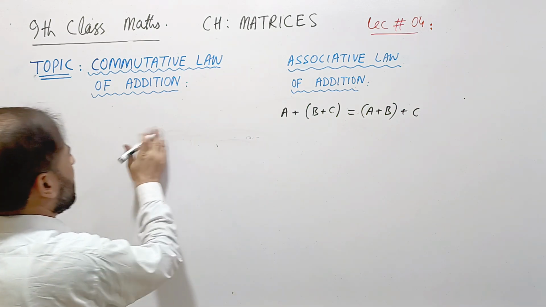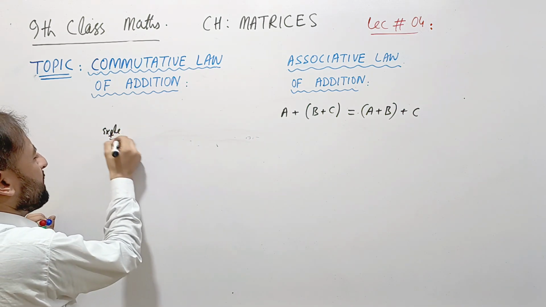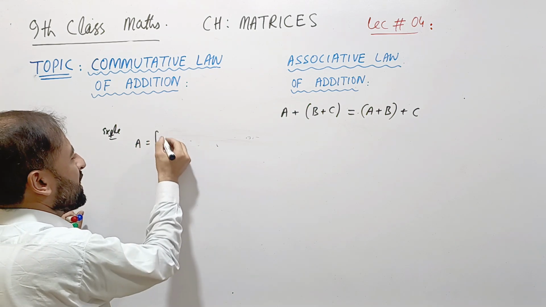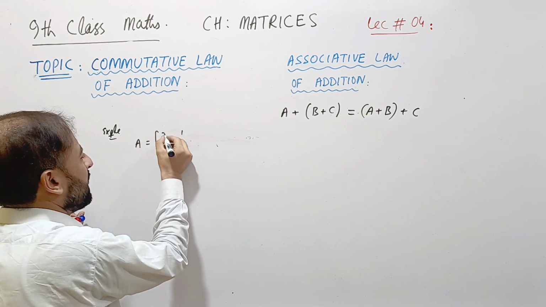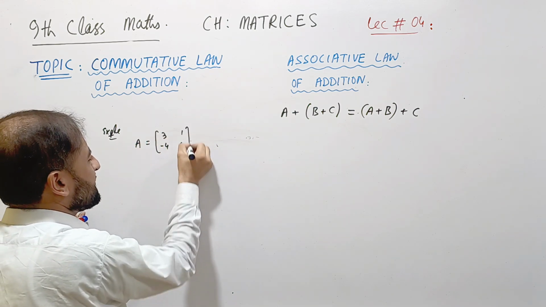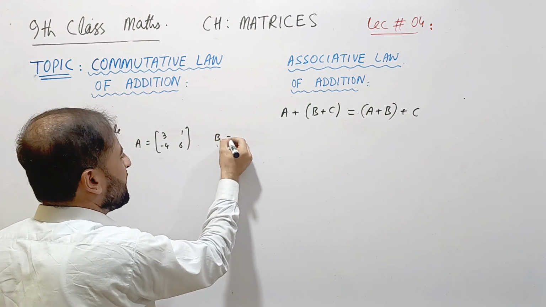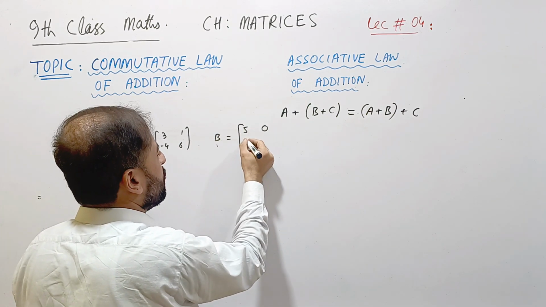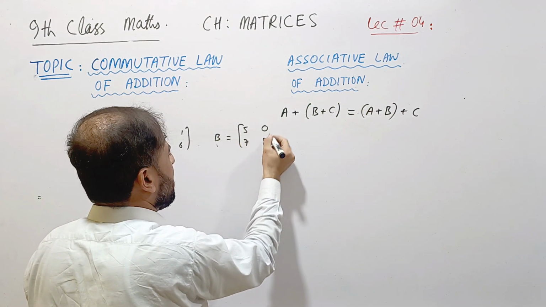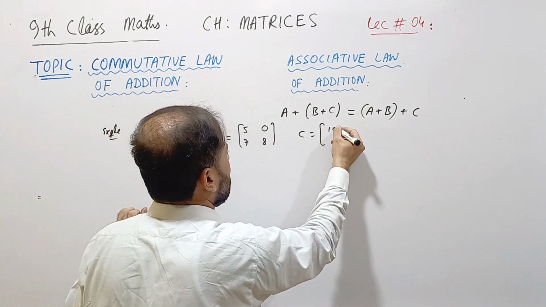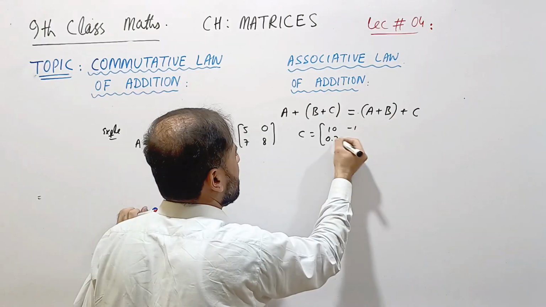Let's have an example for that. To make it simple, I will take 2 by 2 matrices. Students, 3, 1, minus 4, 6. This is matrix B. Students, 5, 0, 7, 8. This is matrix C. 10, minus 1, 0, 0.3.